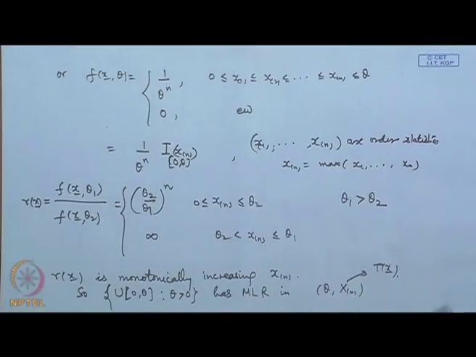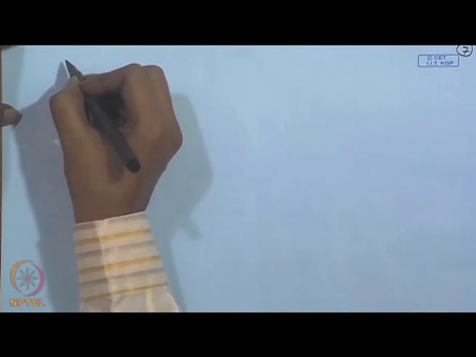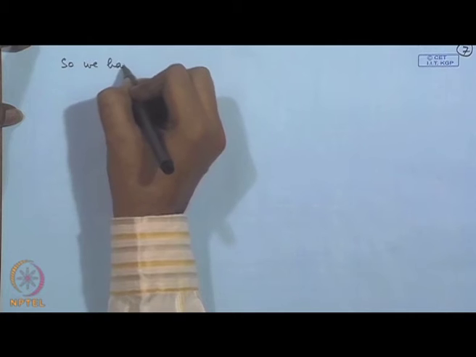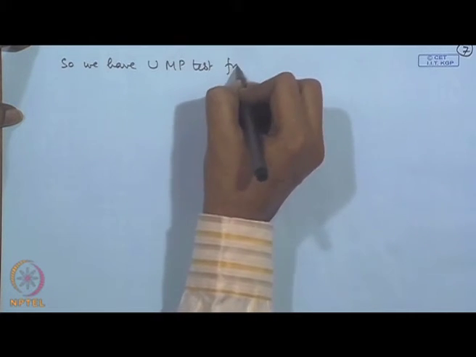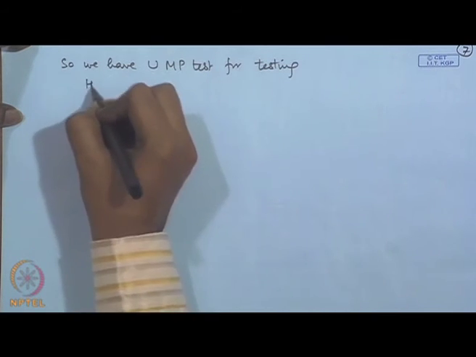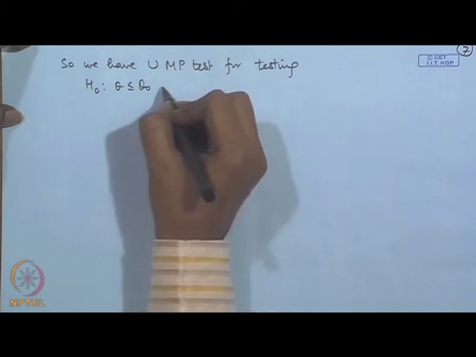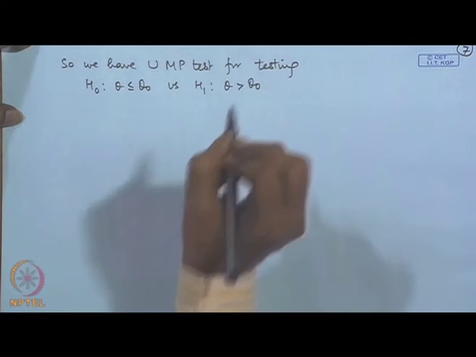So, let us derive the test in this particular case. We have the UMP test for testing H0: theta less than or equal to theta naught against H1: theta greater than theta naught.